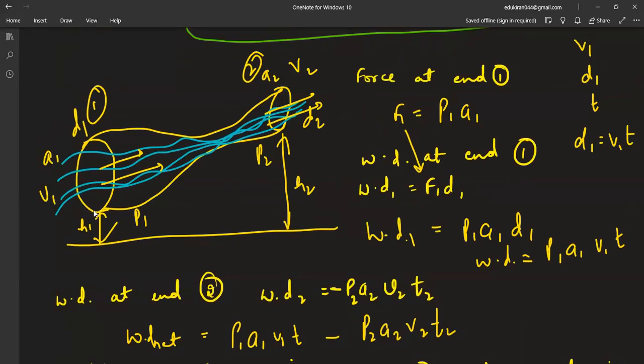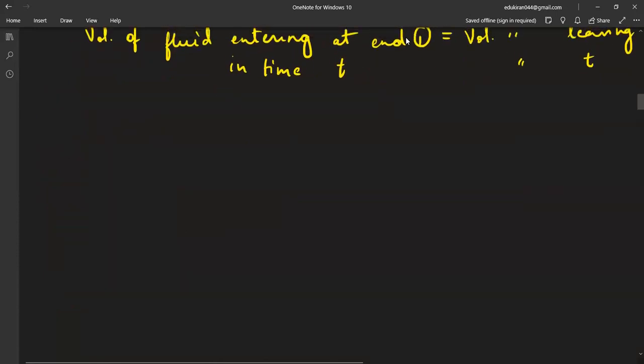So the fluid that has entered at end 1, the volume of this fluid is equal to the volume of this fluid. Now look, we can say the volume of fluid entering at end 1 in time t is equal to the volume of fluid leaving the tube at end 2 in time t. So what is the volume of fluid? Area into distance, and distance is velocity into time.